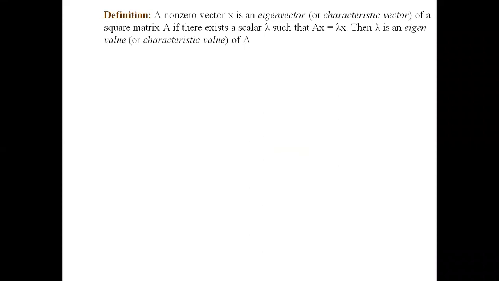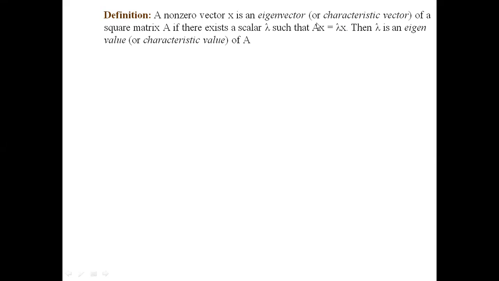So here we have a definition. The definition of an eigenvector and eigenvalue: a non-zero vector x, sometimes called a characteristic vector, is an eigenvector of a square matrix A if there exists a scalar lambda such that Ax is equal to lambda x.